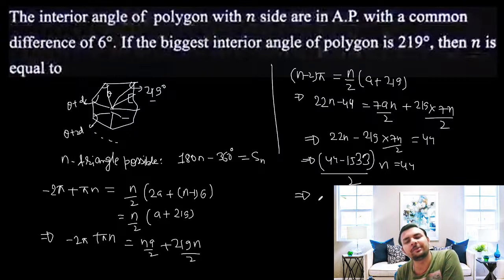We got 1419, which is 745, and equal to 44. So n is coming negative. n cannot come negative. It is 44 by 745 multiplied with minus, so this is negative, which is not possible.